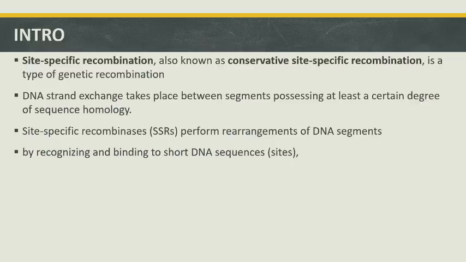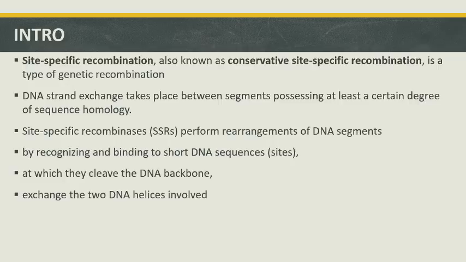What these enzymes do is bind to those sites which are short DNA sequences. These site-specific recombinase enzymes recognize those sequences, bind to them, and then cleave the DNA molecule.